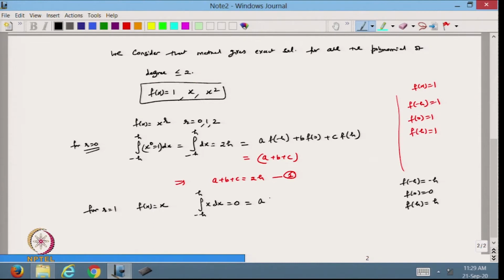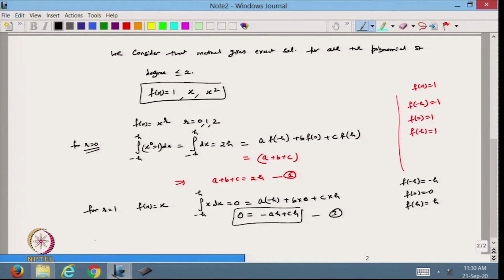So, from here I can write that this is equal to a into minus h plus b into 0 plus c into h, which is equal to minus ah plus ch. And that is equal to 0. So, this is my next equation.